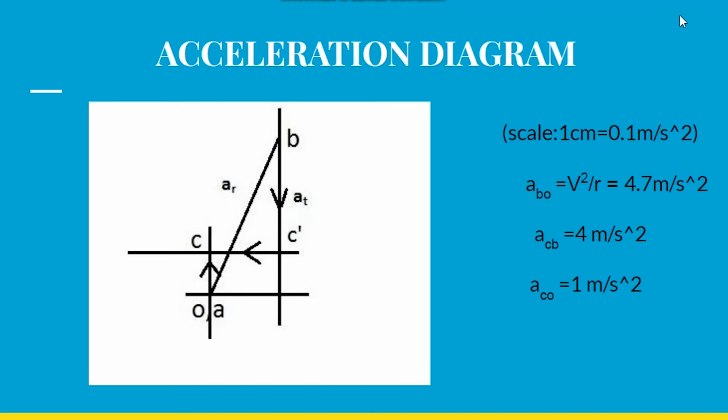We know that the motion of C with respect to O is vertical, and thus the acceleration will also follow the same path. So we sketch a vertical line from the origin OA, and the intersection of the C dash line and the O dash C dash line gives us C.